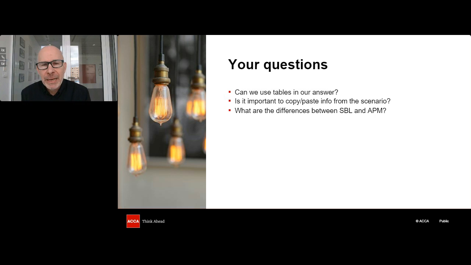In SBL, we're using a model to formulate a strategy. And in APM, we can use the same model to look for threats. What could harm us from reaching our objectives? What should we measure in the external environment?